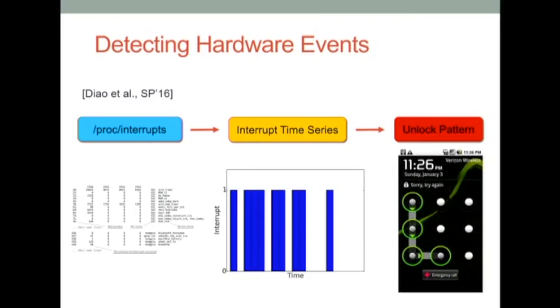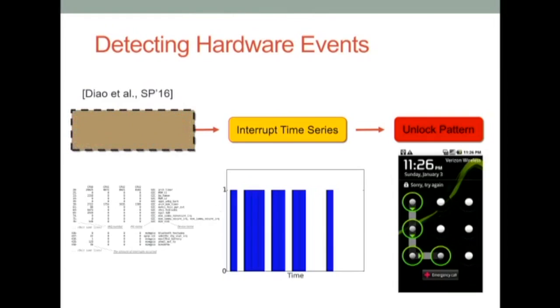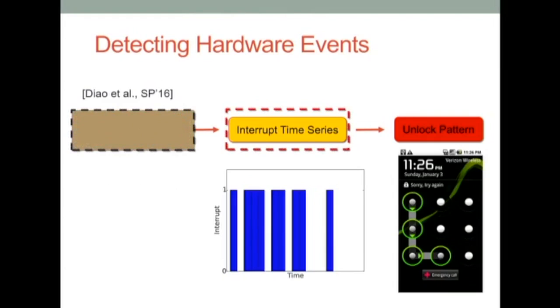We know that the proc file is very easy to be blocked from the applications, and without the proc file interrupts files, we show that it is still possible to regenerate this interrupt time series and finish this lock pattern attack.